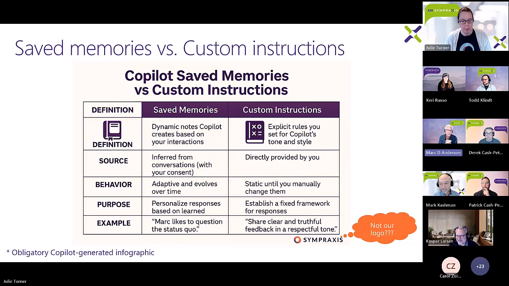You're sort of having a conversation with Copilot so that it learns more about you. Custom instructions are settings that you go in and can change over time, but they're more sort of fixed. They're not adaptive. They don't change through the course of using Copilot. Next slide, please.